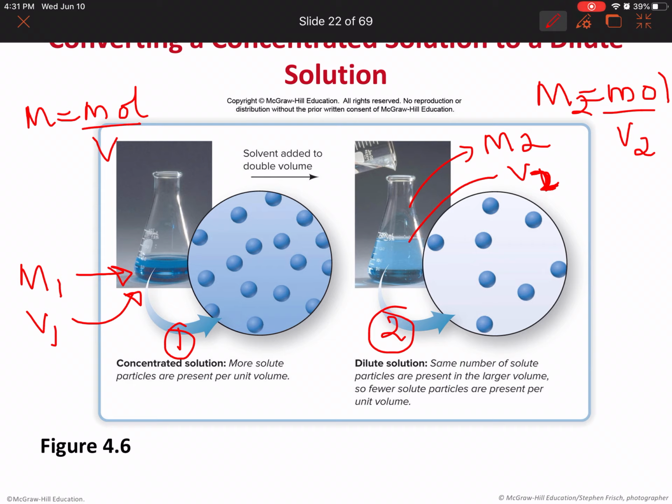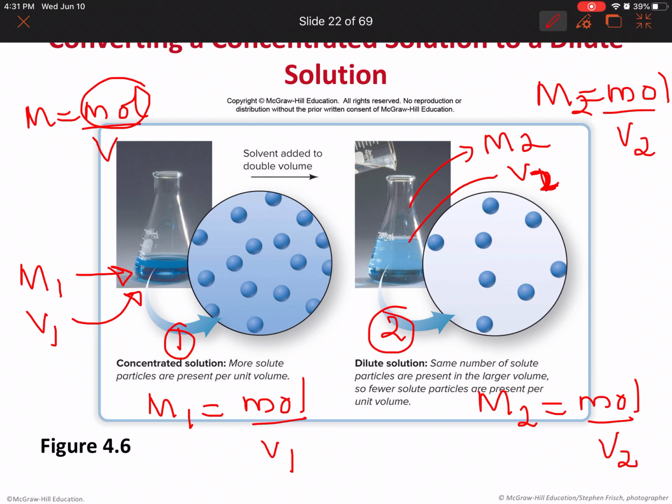So this is going to be your new concentration, M2. But both of them have the same number of moles, right? Because we didn't add any additional moles of the blue solute. So you can say for the first one, M1 equals moles over V1. And for the second solution, concentration is number of moles over volume V2, because it's the same number of moles.